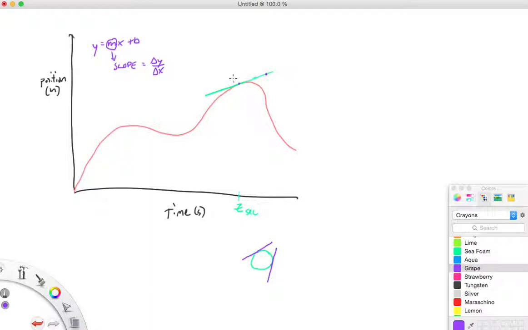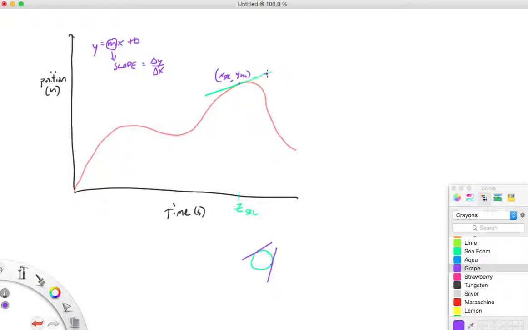This point right here is going to have a value of some x seconds, and it's going to have some y meters.